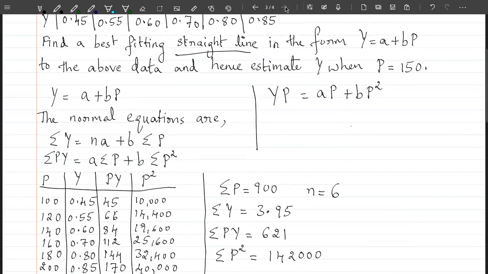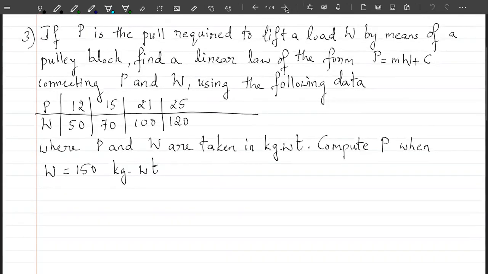Let's solve the next problem. The next problem is, if P is the pull required to lift a load capital W by means of a pulley block, find the linear law. Linear law is nothing but a straight line here. Linear law of the form capital P equal to MW plus capital C, connecting capital P and capital W using the following data.